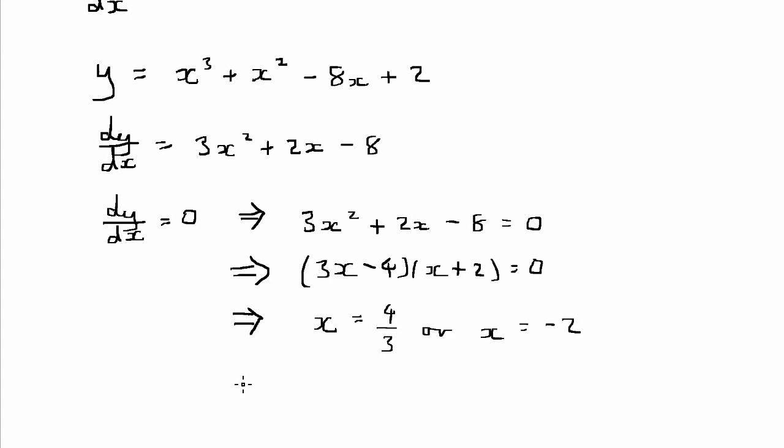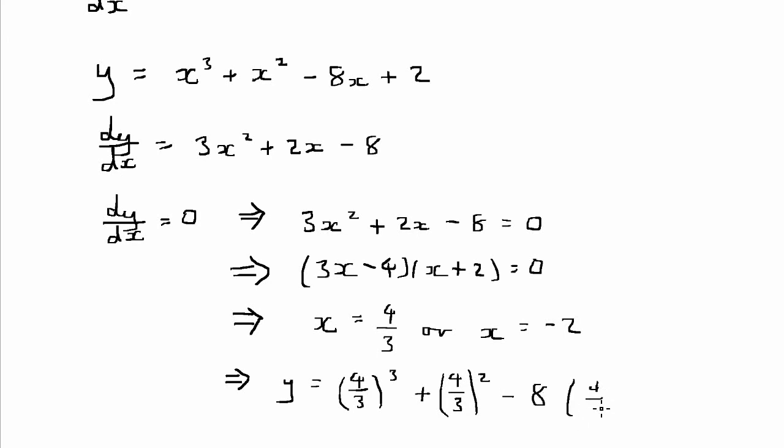And in each case we can then go back to the original equation, the y equation, and find out what the value of y is. In the first case, the value of y will be (4/3) cubed plus (4/3) squared, subtract 8 lots of 4/3 plus 2.